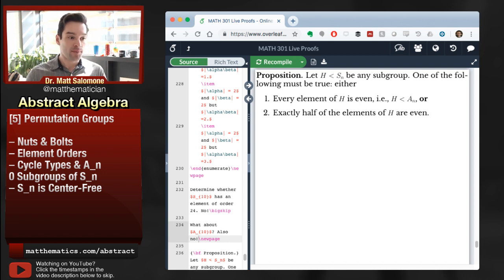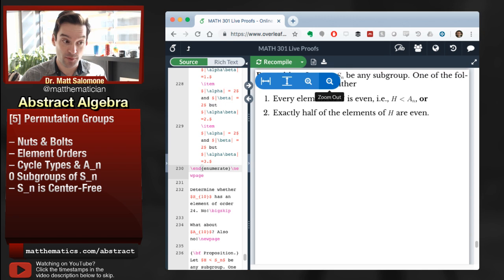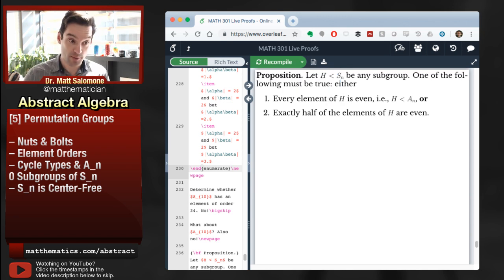The claim is that either H is completely a subgroup of An, or if it's not, then the elements are split equally among even permutations and odd permutations. So there are exactly as many even permutations in this subgroup as there are odd permutations.